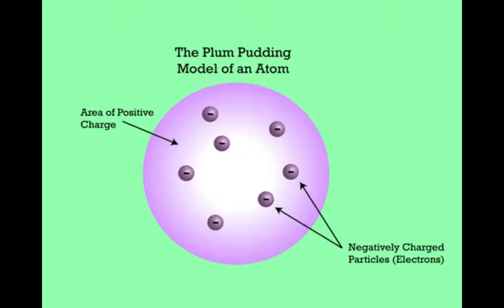And he said that the little negative dots, those are the negatively charged particles called electrons. And then he said the rest of the atom is just this kind of sea of positivity, but it's not very strongly positive charge because the negative charges are really concentrated, and the rest of the atom is this kind of positive sea, but it's not very strong.